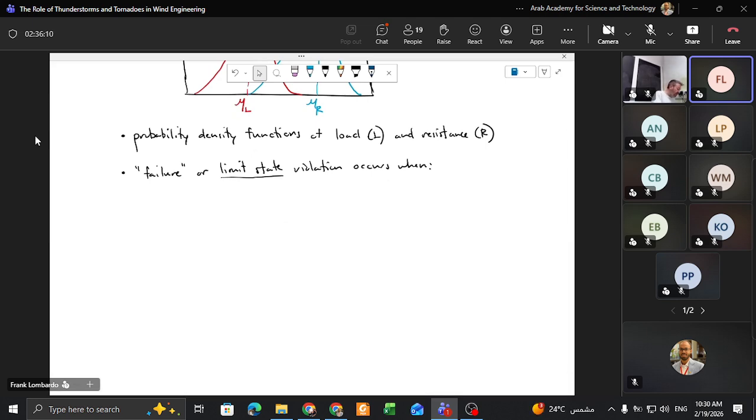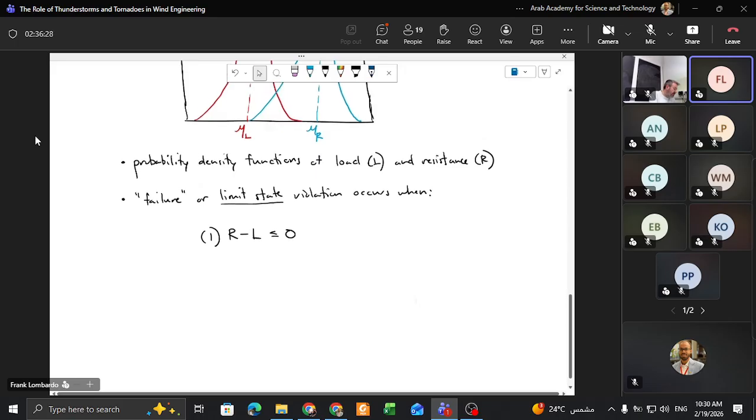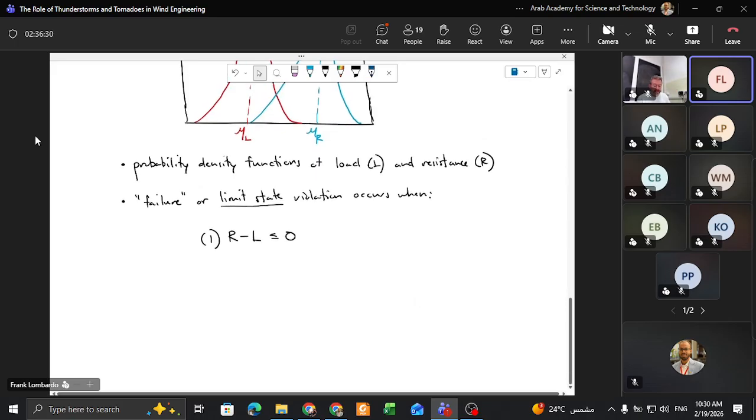Exactly, right? We'll write it slightly differently here. We'll say when the resistance minus the load is less than or equal to 0. This is usually the formulation used. So if the load is greater than the resistance, this expression is going to be less than 0. What we want to know is how likely failure is to occur.